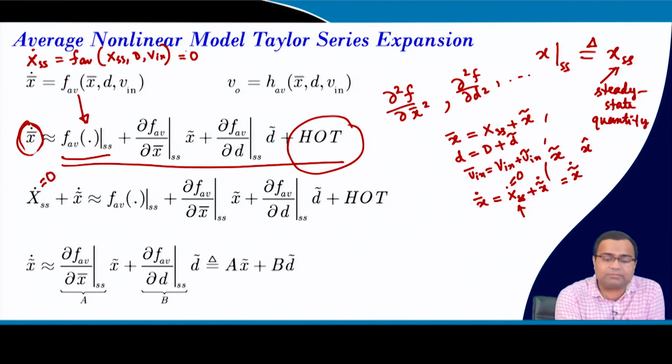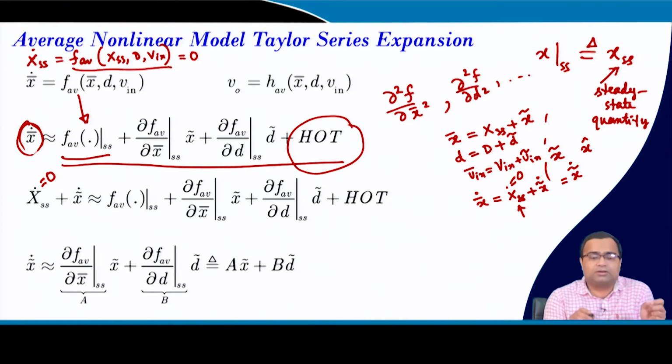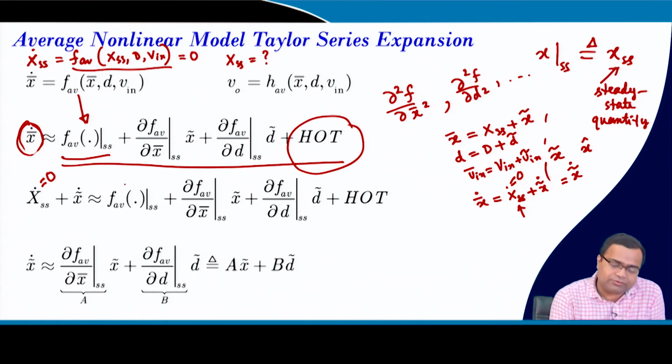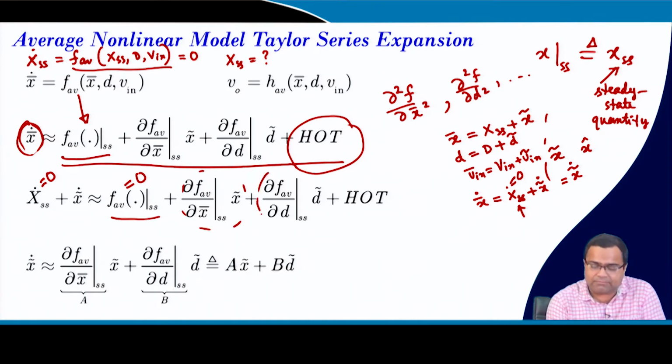From this we can solve for x ss in terms of duty ratio, input voltage and so on. So, this quantity will also be 0 at steady state, that we have discussed.